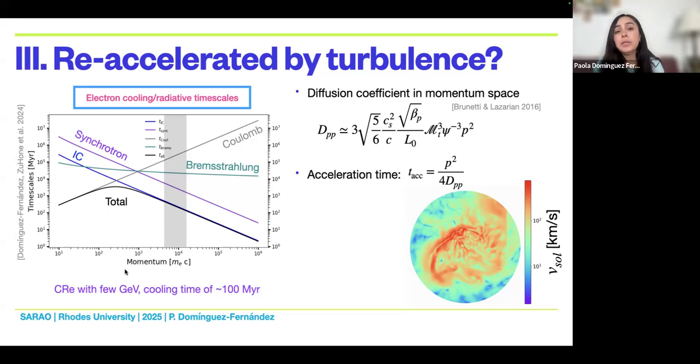If we care about the radio, we are looking at electrons with Lorentz factors of the order of 10^4, right? So what we want to know is how efficient this mechanism would be. If it's efficient, then the acceleration time should be faster than the cooling time of the electrons. So we want something lying down here.